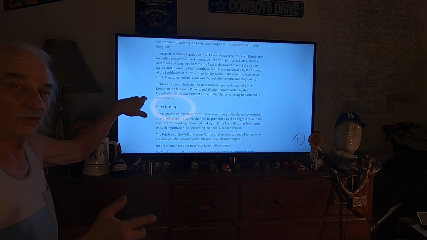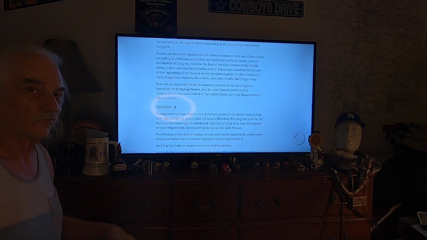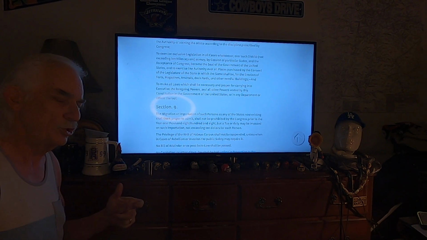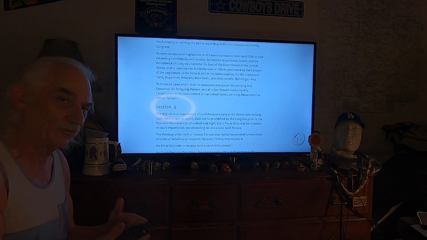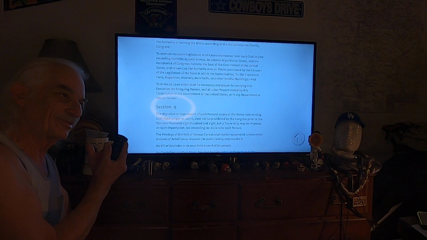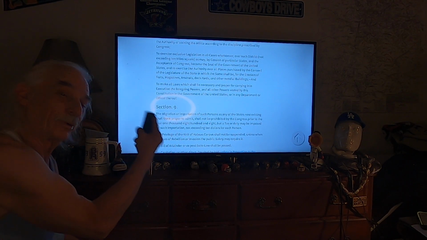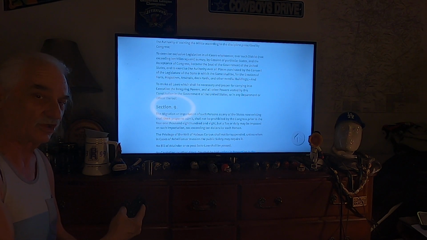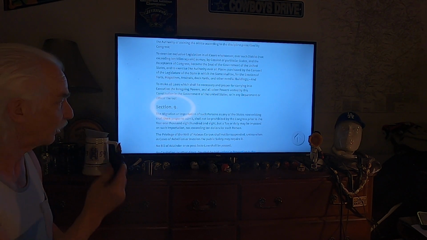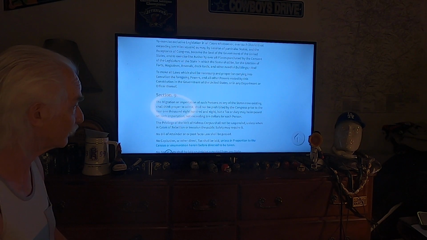This has been used as an umbrella for the federal government to make a huge range of laws in order to enforce and carry out the laws that are necessary to exercise the powers given to the national government in this article of the Constitution.